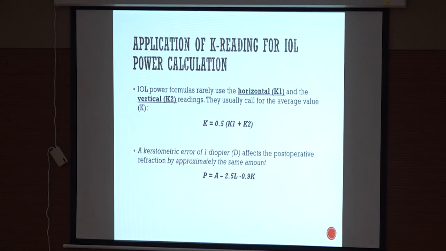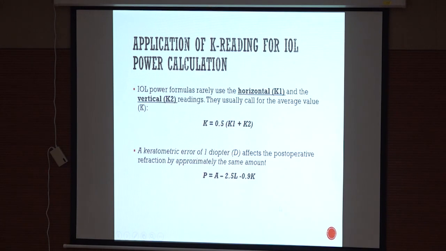As was already highlighted by Dr. Ujjwal, how important it is to get an accurate axial length measurement along with the keratometry reading while we are calculating the intraocular lens power. While calculating the intraocular lens power, we are not just observant about the K1 and K2 readings, but what we take is an average of the keratometry readings.